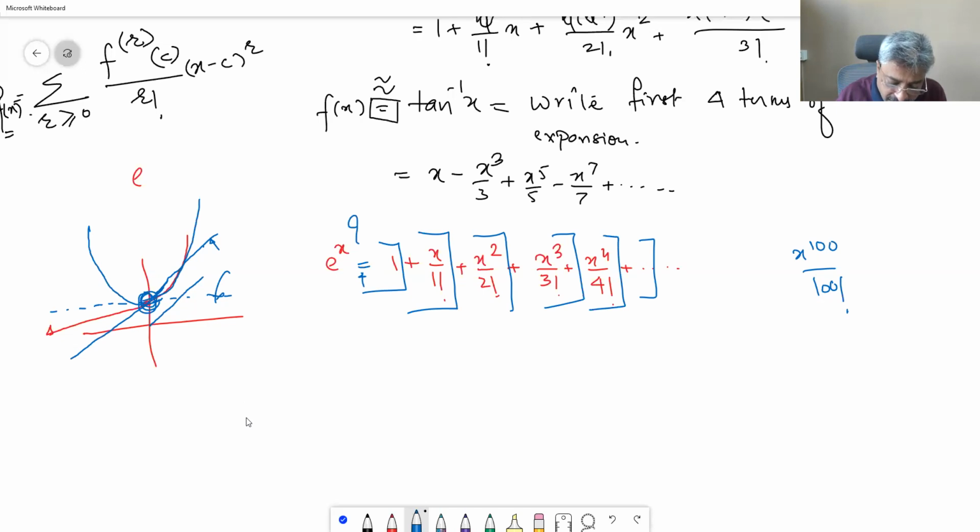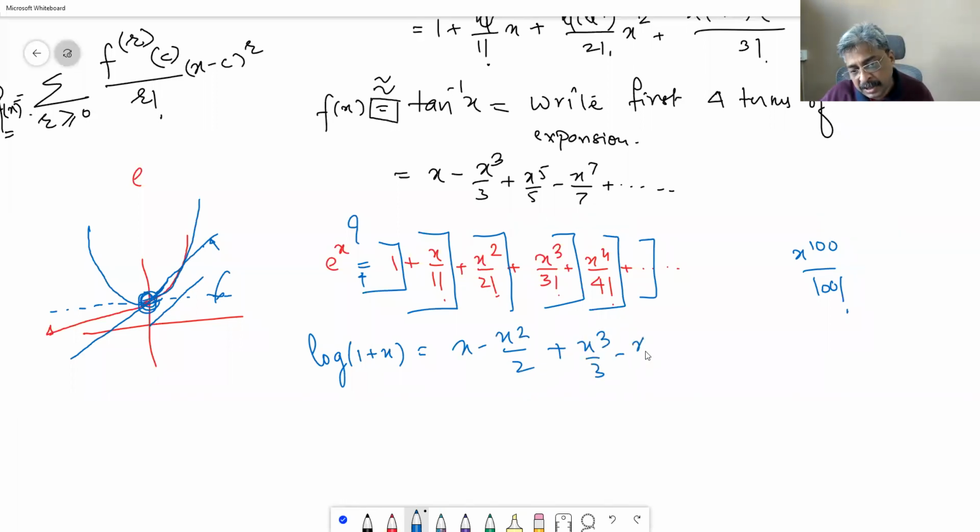Another function which we can consider along with e raised to x, which we have already done, is log of 1 plus x, and its series expansion is x minus x square by 2 plus x cube by 3 minus x raised to 4 by 4 plus x raised to 5 by 5.